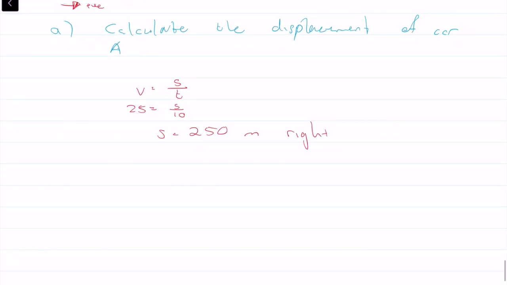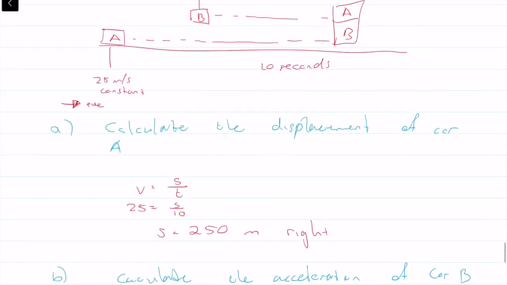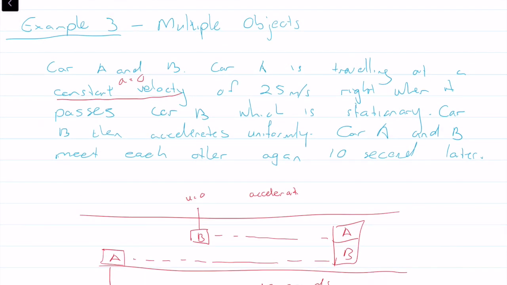Question B is calculate the acceleration of car B. Here we're going to have to use our UVATS. Our initial velocity was 0 because it was at rest. The acceleration is unknown.